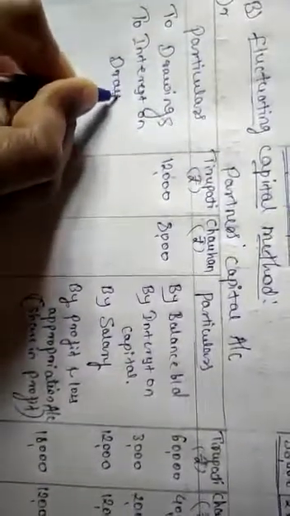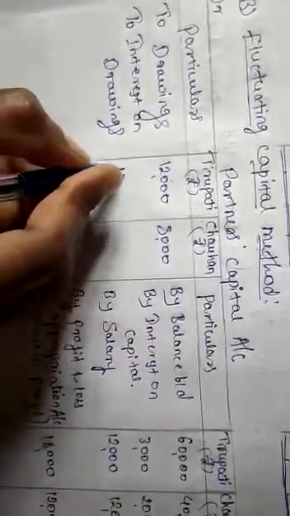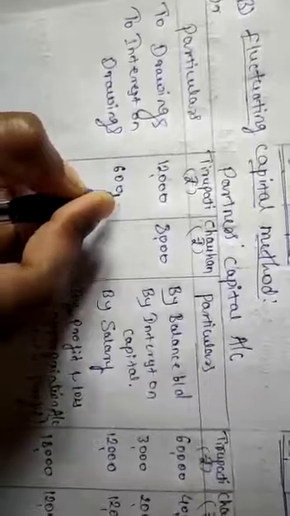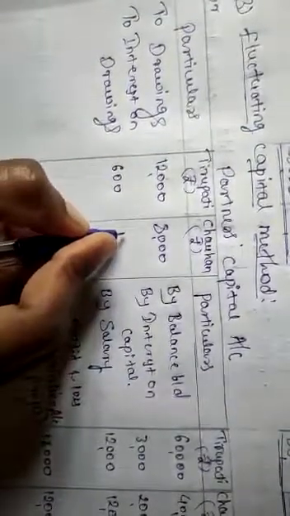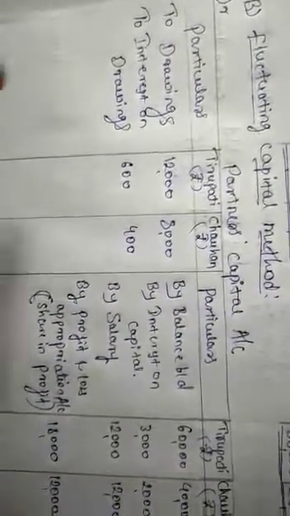Interest on drawings, we already calculated that: 600 Tirupati's interest and 400 Chauhan's interest. So these only two adjustments are recorded under the debit side. These are only incomes. So now close down the account.